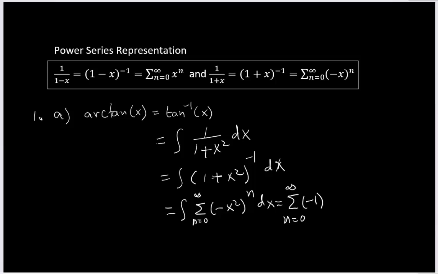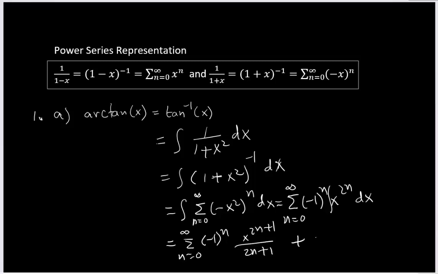I can take negative 1 to the n, and then x to the 2n will be integrated with respect to x. So the simplified version, as you see here, n goes from 0 to infinity, negative 1 to the n, and the integral of x to the 2n will be x to the 2n plus 1 over 2n plus 1, plus the integral constant.